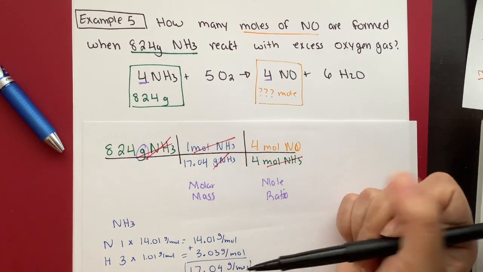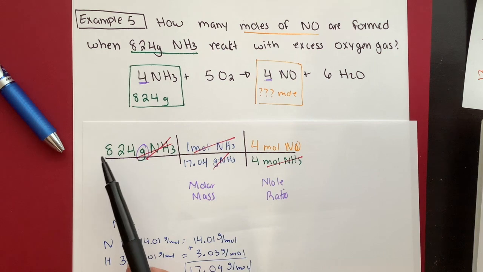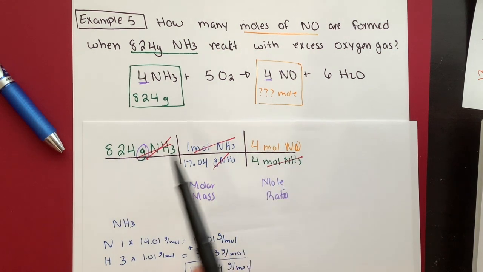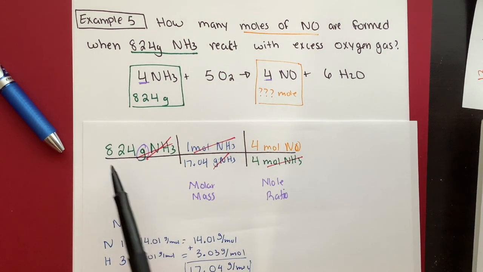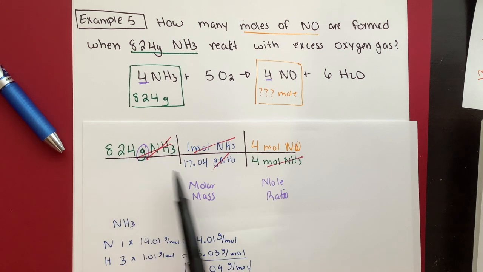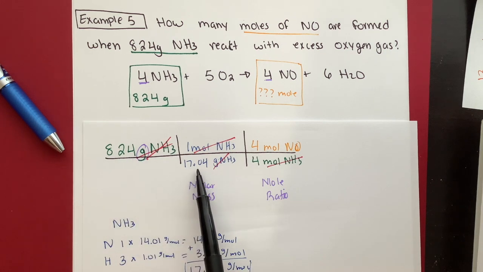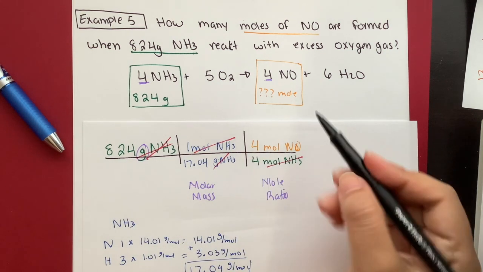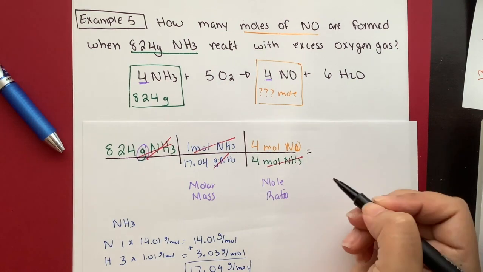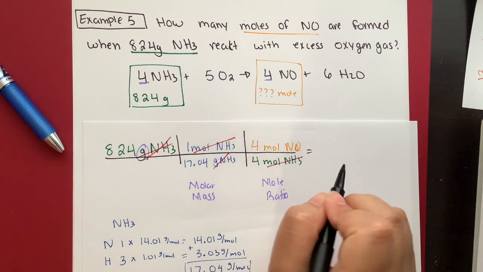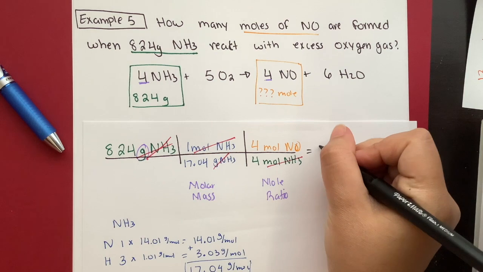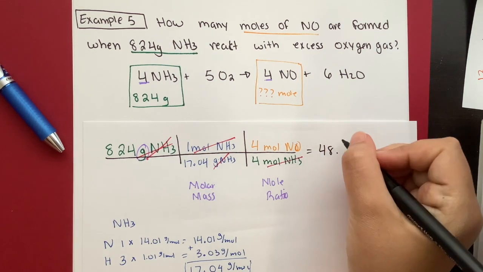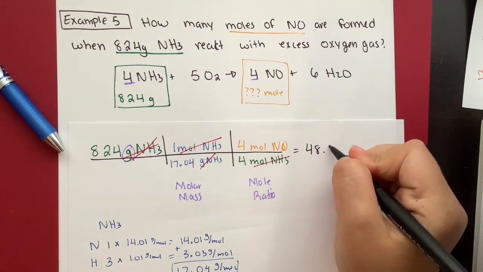So now I'm going to get my calculator. Everything in the top I multiply, in the bottom I divide. So I'm going to do 824 divided by 17.04 times 4 divided by 4. I'm going to do everything in the same step because my calculator is smart. It can do this math.